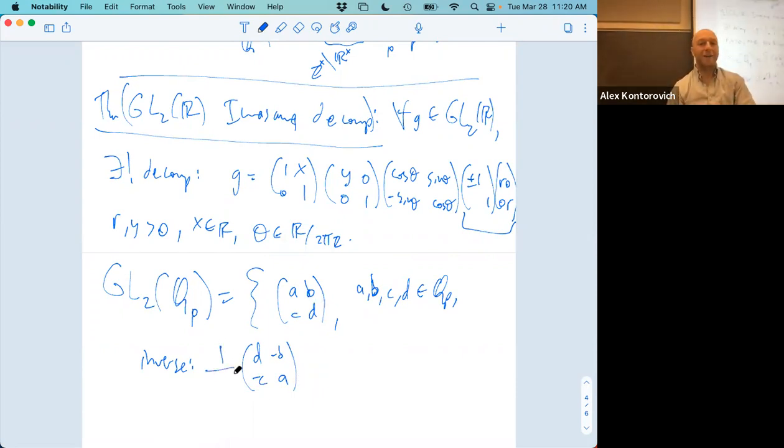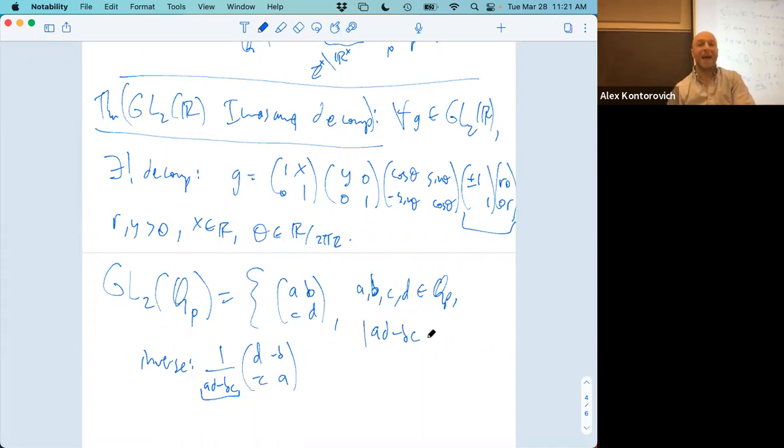So if I divide by the determinant ad minus bc, this thing times that thing will be the identity matrix. So I have to be able to divide by that. Now Q_p is a field, the field of p-adic numbers. So I need ad minus bc to be in Q_p cross.